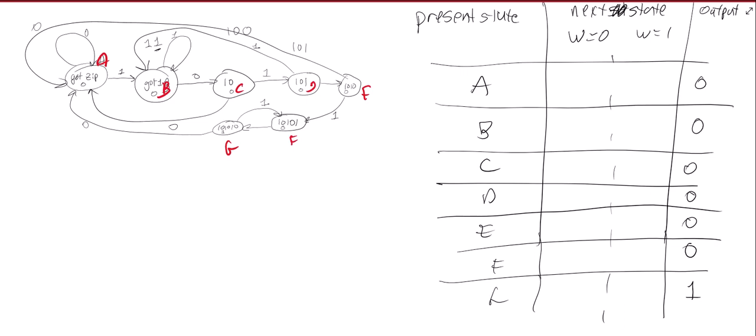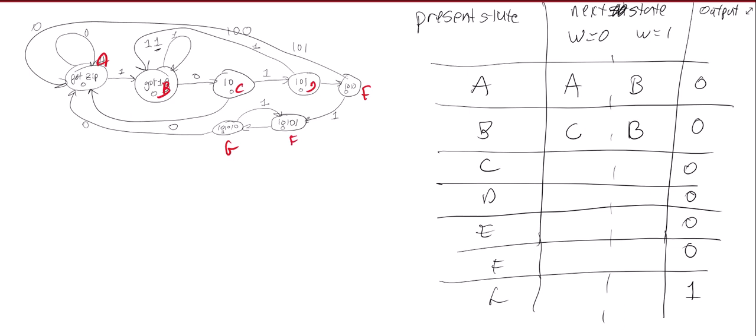And for A, my next state, if W was 0, was A. And if W was 1, it was B. And for B, if W was 0, it was C. And if W was 1, I was back to B.